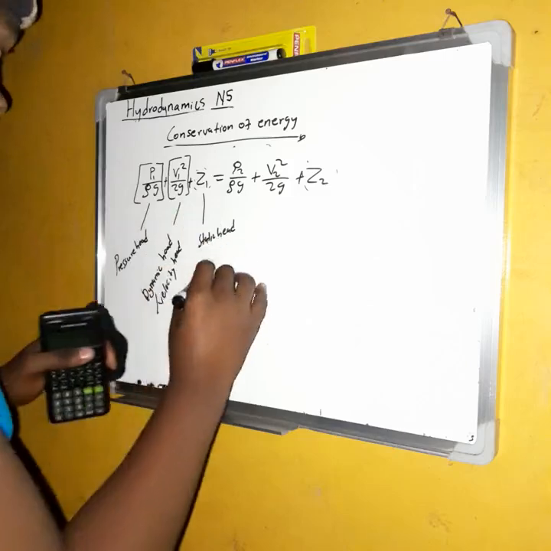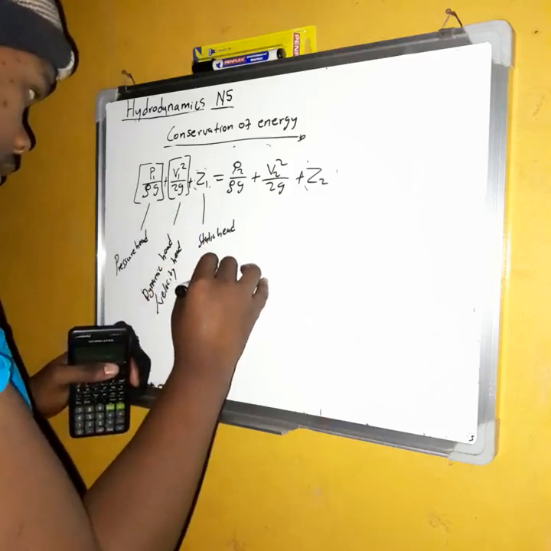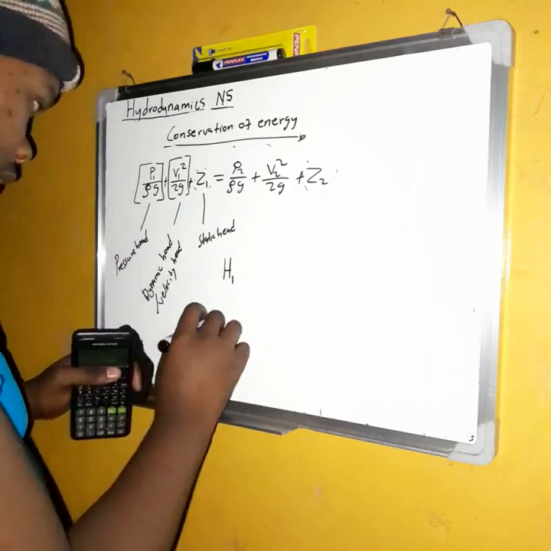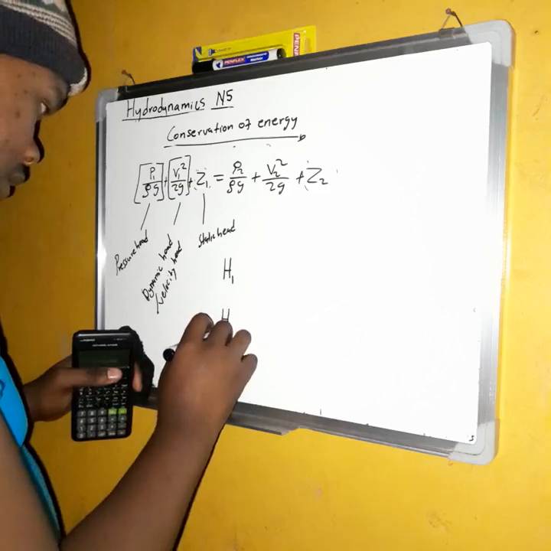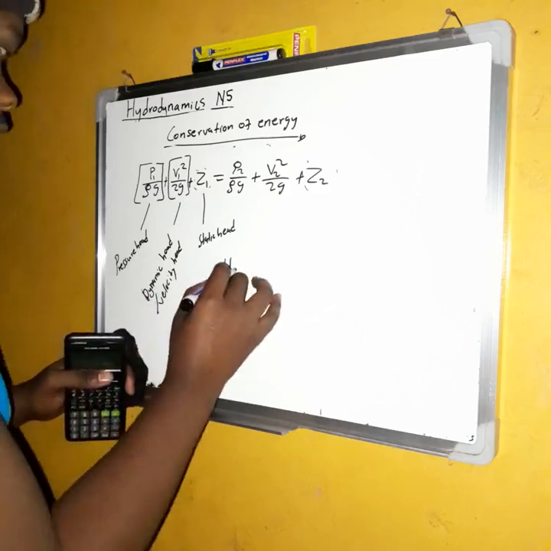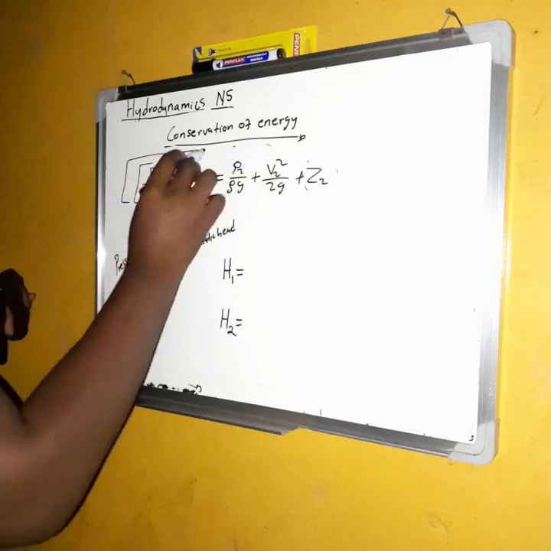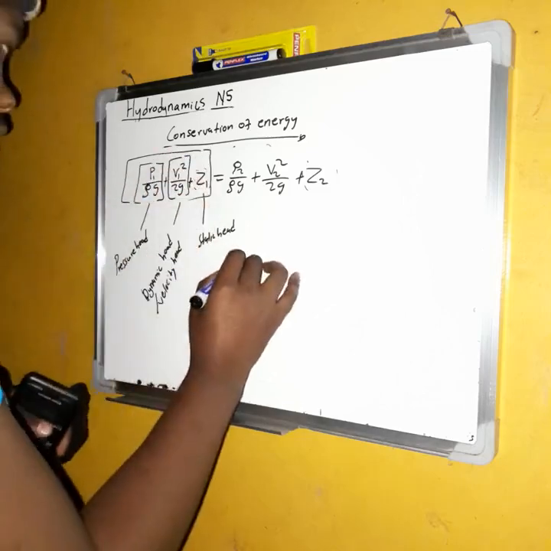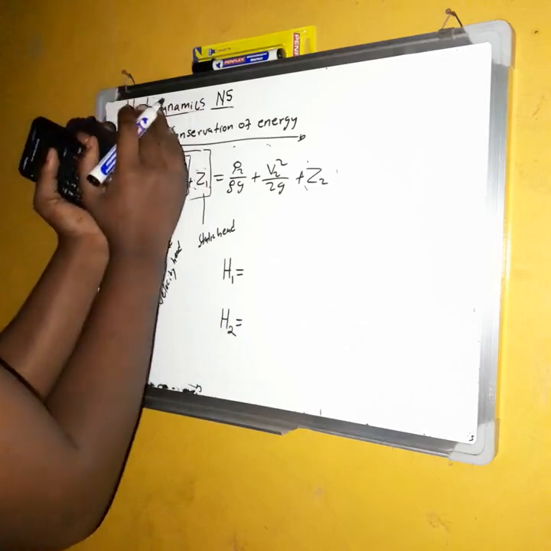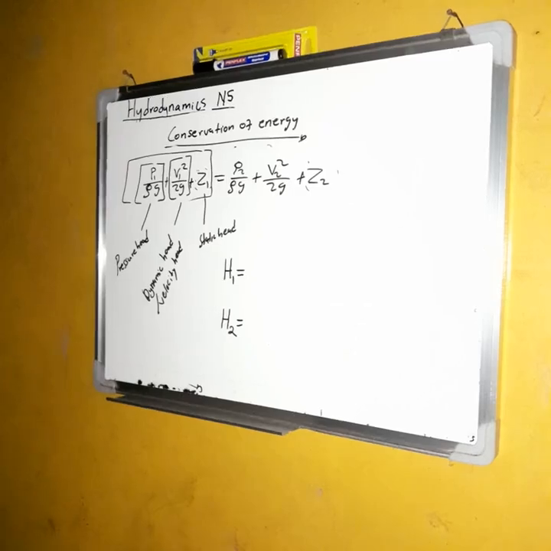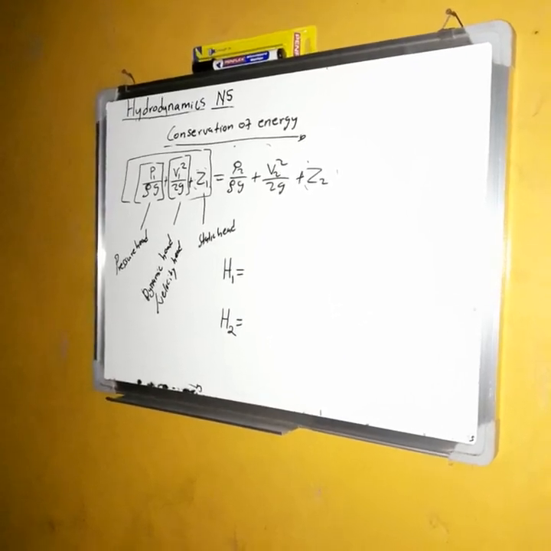Then we have H, big H. We have H1, and also H2, which I write in capital H, capital head. H1 is the whole of this. In Bernoulli's equation, you take all of the left hand side.